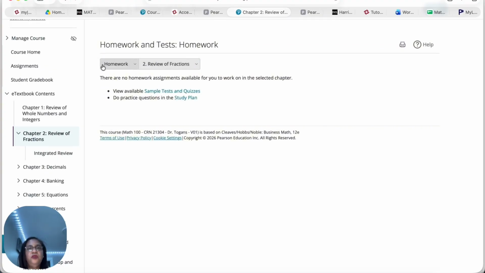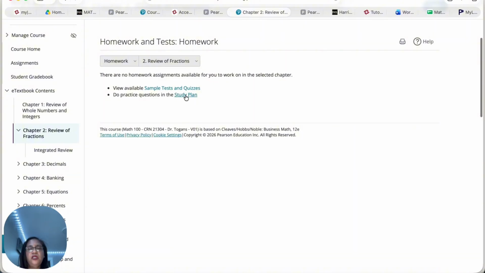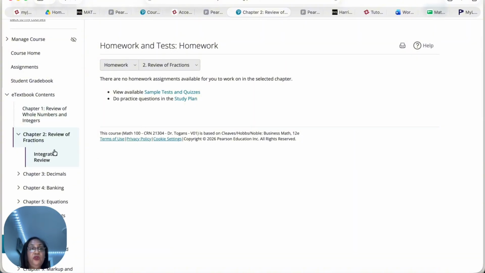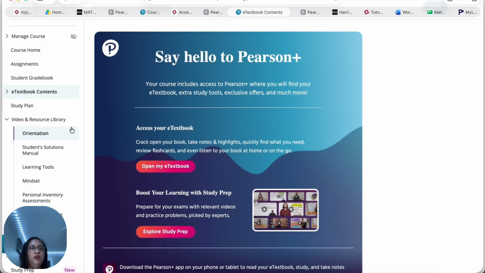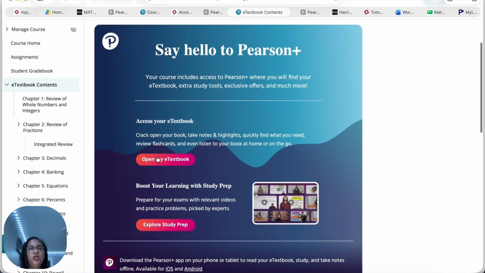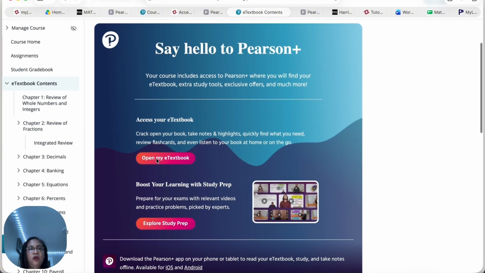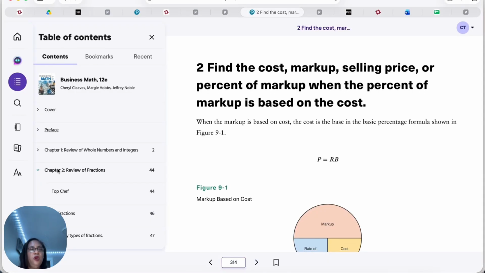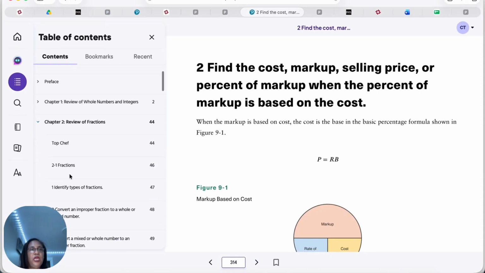And you can do sample tests and quizzes and you can just use all these different tools. So you can click on open my textbook.